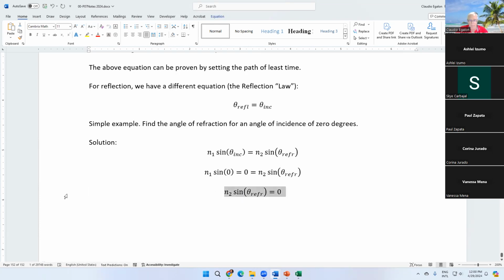Okay, so that's a simple example. But then we have more complicated types of examples that depend on the sine of the angle of incidence and the refractive index of the two media.